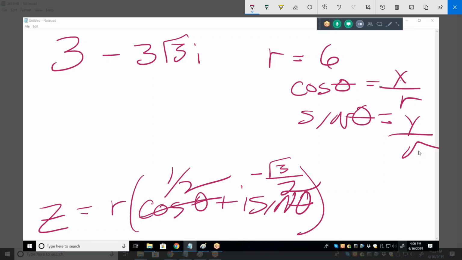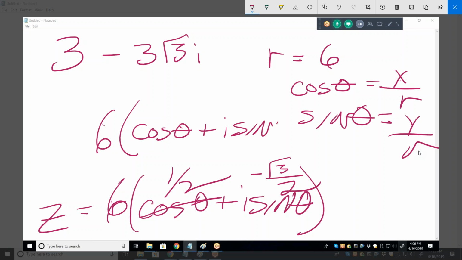For sure. And we know r is 6. So if we check this, in other words, I guess the answer that they want is this. I'm not sure yet whether they want this or do they want this.